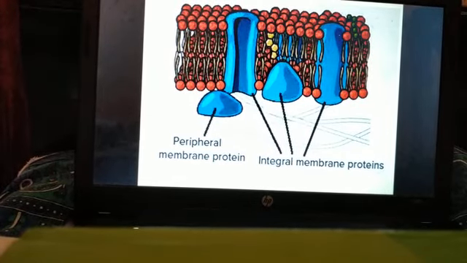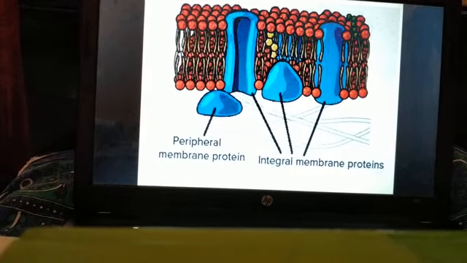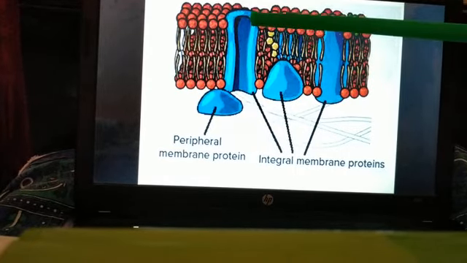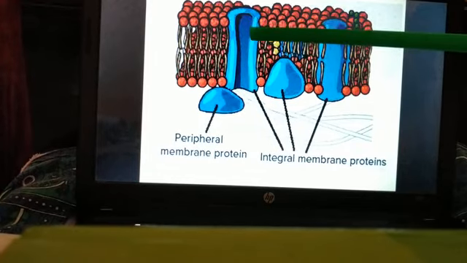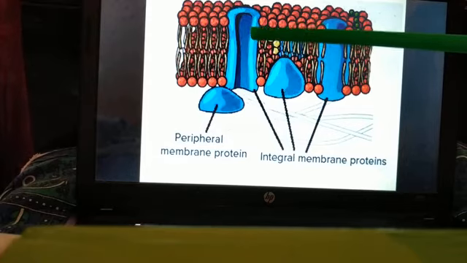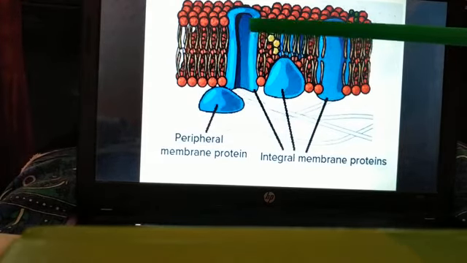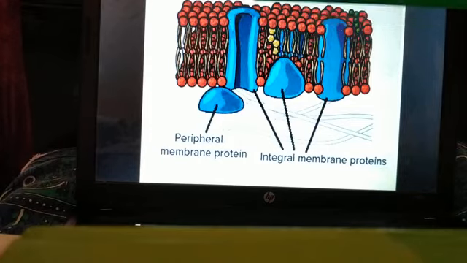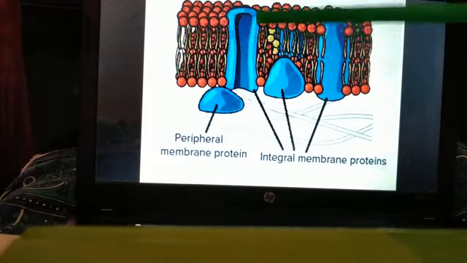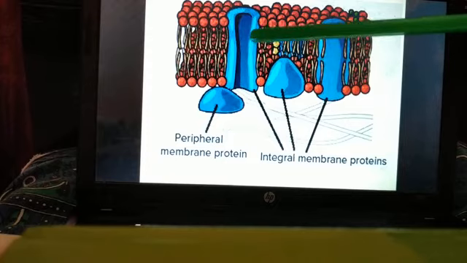And this is the advantage, that water soluble substances can move through these protein channels. Students, this is the advantage of this model. That is why the most accepted model that we are using till now is the fluid mosaic model.